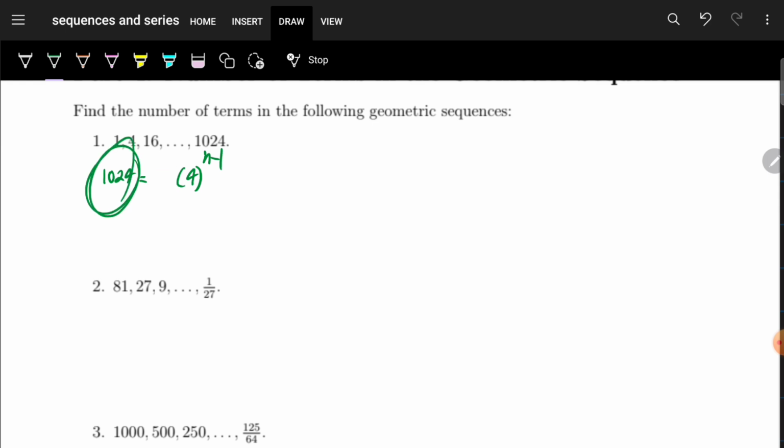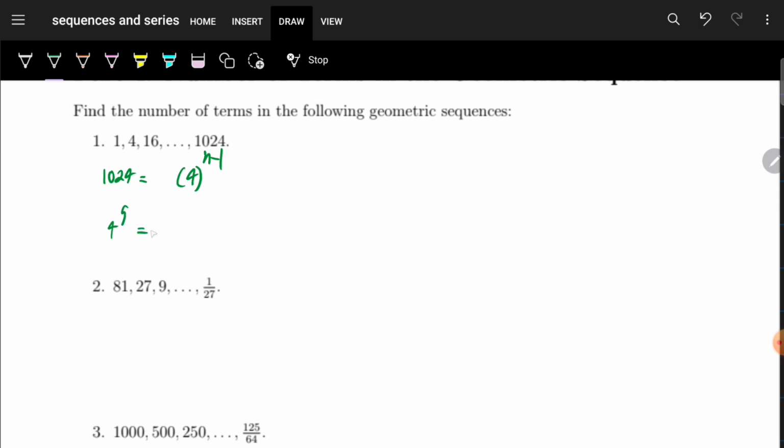So we need to write the left-hand side in terms of something with a base of 4. Okay, so what is that going to be? I think 1024 is the same as 4 to the power of 4. Let's see. No, it's 4 to the power of 5. Yeah. Okay, so we can rewrite this as 4 to the power of 5.